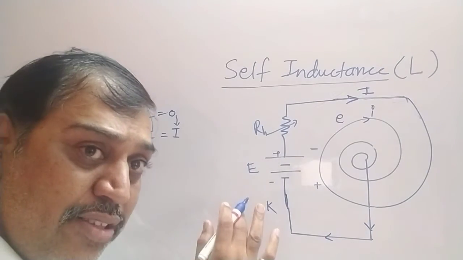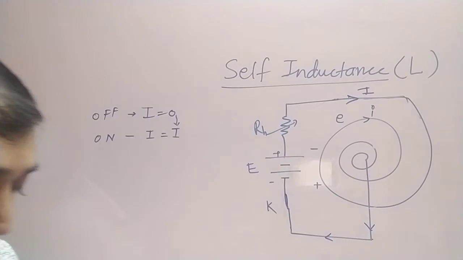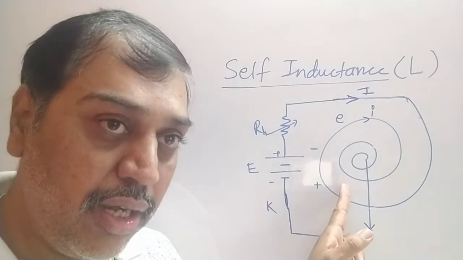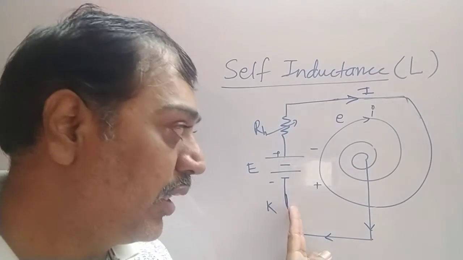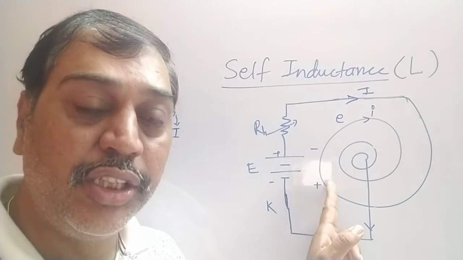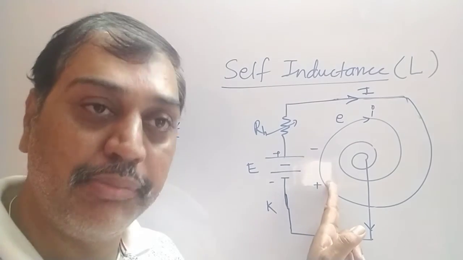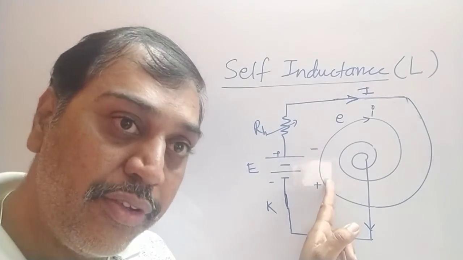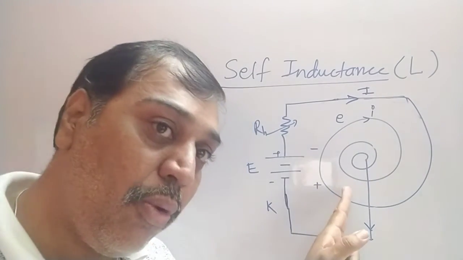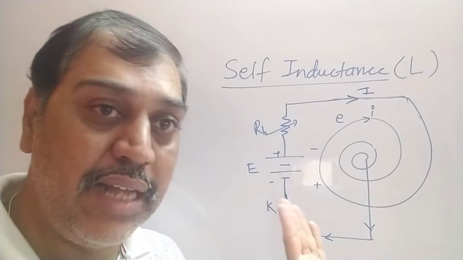That is according to Lenz's law. As we are changing the current to this coil by switching on the key, the current to the same coil changes, it will induce a changing magnetic flux, a changing magnetic field, and it will induce current and EMF in the same coil in exactly the opposite direction.